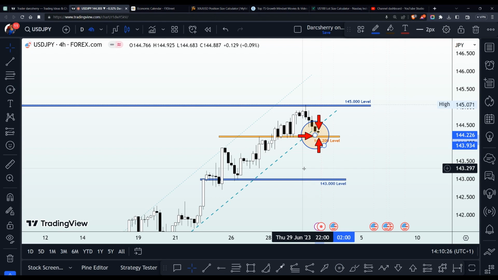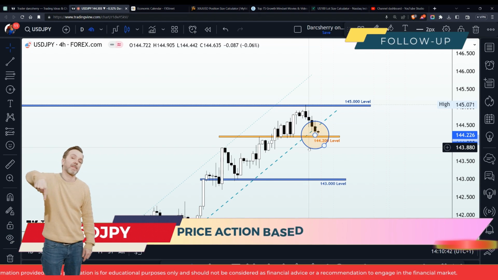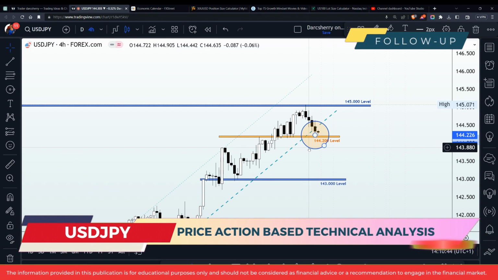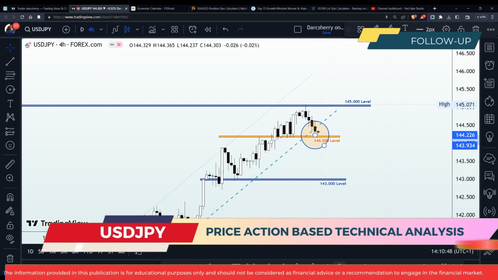And depending on how price action reacts to this area during the early hours of the week, will give us an idea of how we are going to be positioning ourselves for the week. But trust me, I will be with you in the comment section after monitoring how participants in the market will be reacting to the structure during the earlier hours of the week to determine what our next line of action will be.